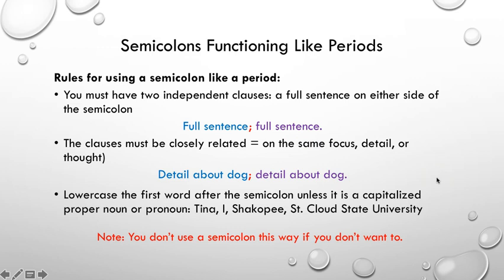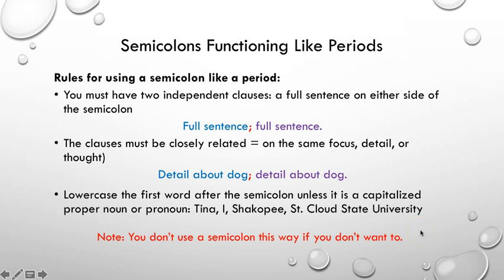And the clauses on either side of the semicolon must be very closely related on the same focus, detail, or thought. Otherwise, you're not allowed to combine them into one sentence. So for example, if you have a detail about a dog, semicolon, another sentence that provides a detail about the same dog or similar dog, those can share a sentence.